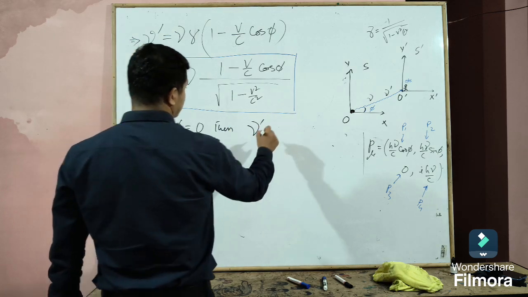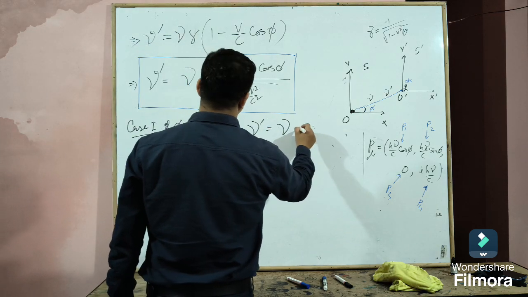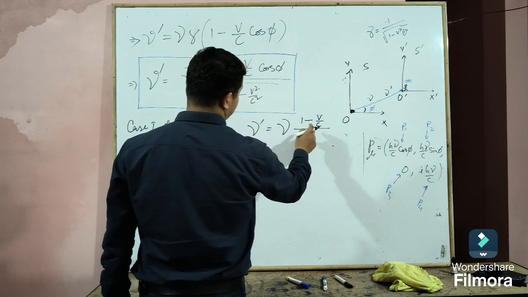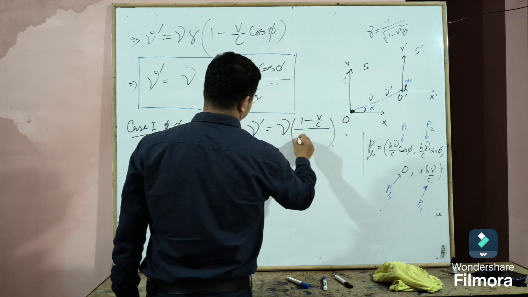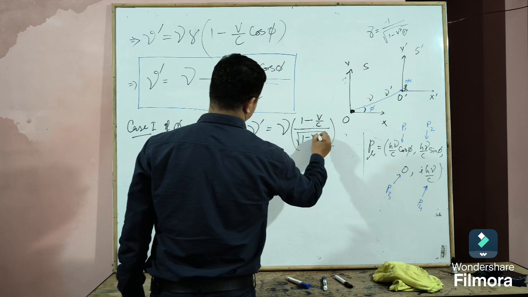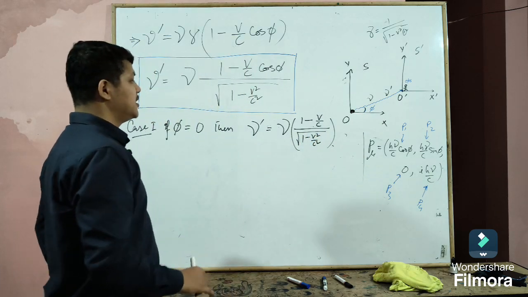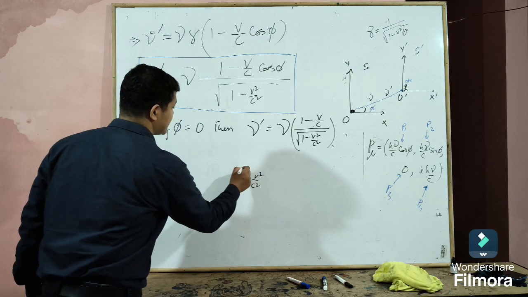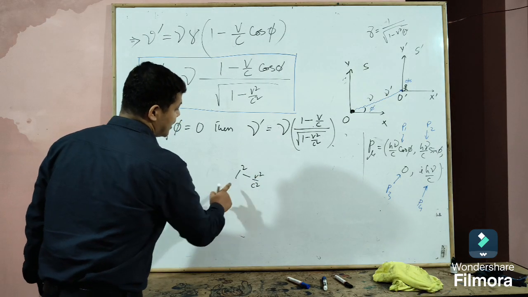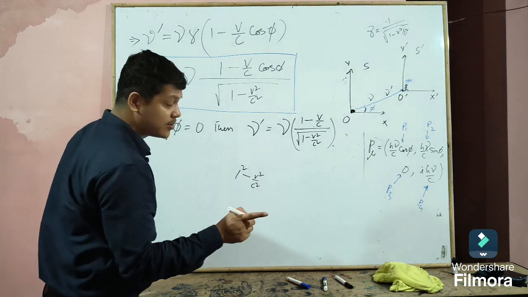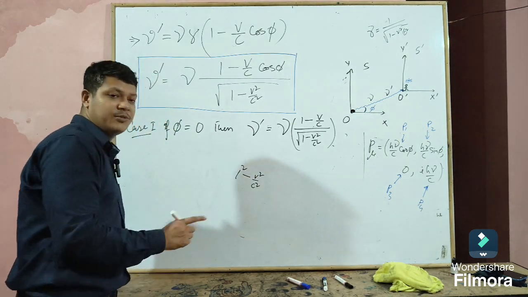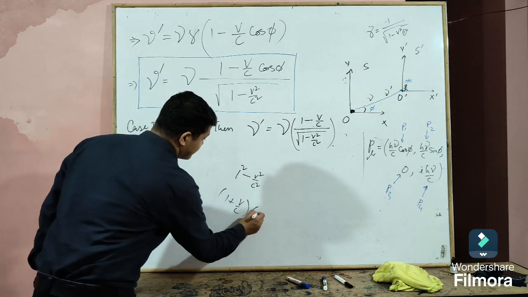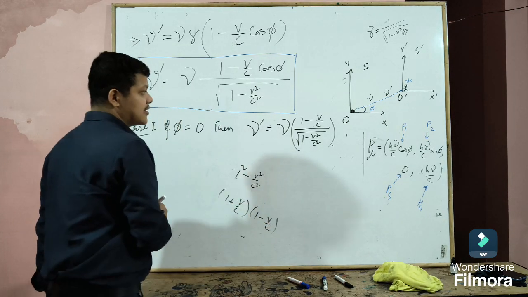nu dash is equal to nu into 1 minus v by c, cos 0 is 1, divided by root over 1 minus v square by c square. Now 1 minus v square by c square can be considered as 1 square minus v square by c square, and applying the a square minus b square formula, a plus b into a minus b, you can write 1 plus v by c into 1 minus v by c, right?